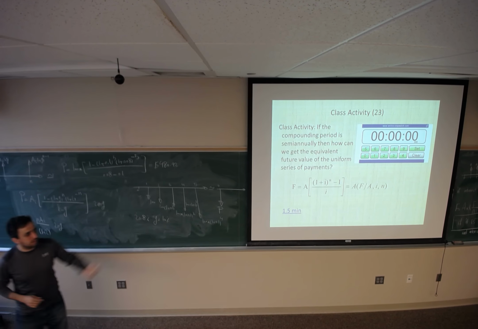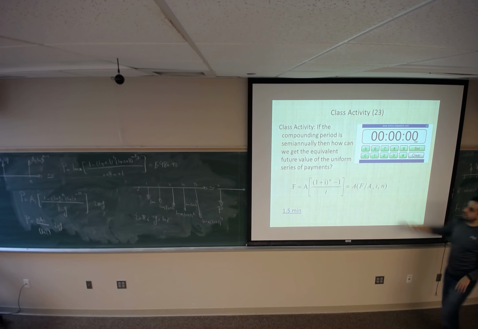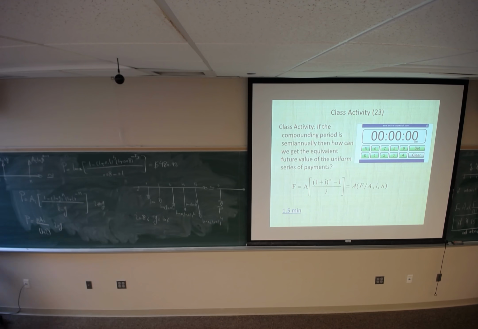This is the equation that we have for F over A, I, n. How should I change this equation if the compounding term changed to quarterly? Is the question clear? All right, work on this, then I'll call on someone.